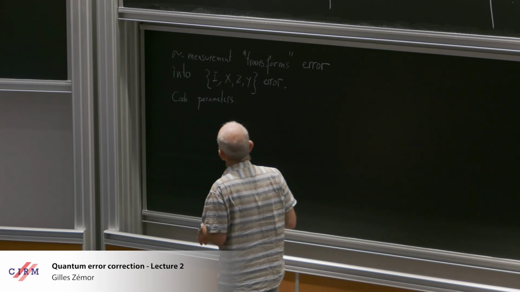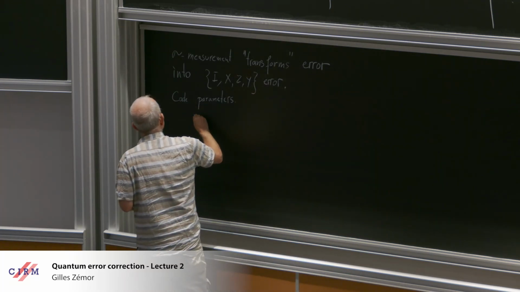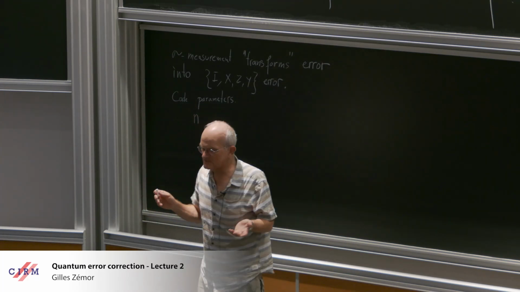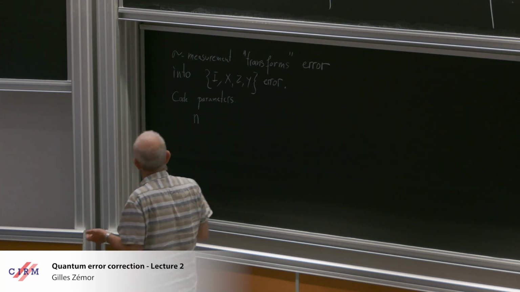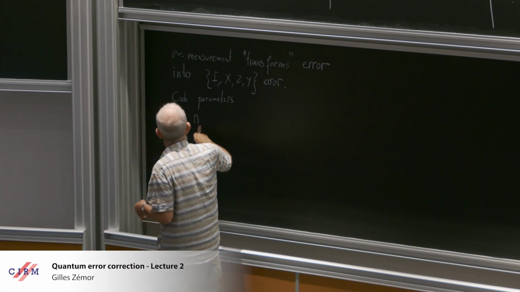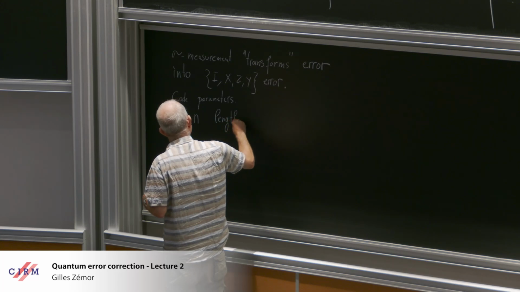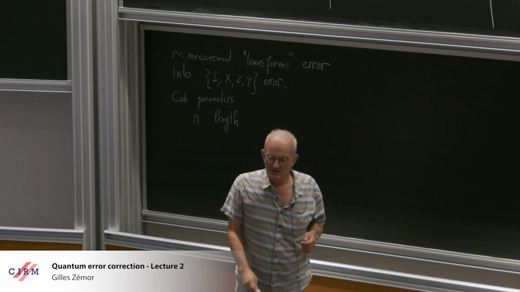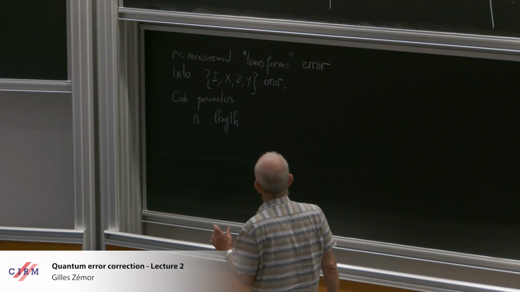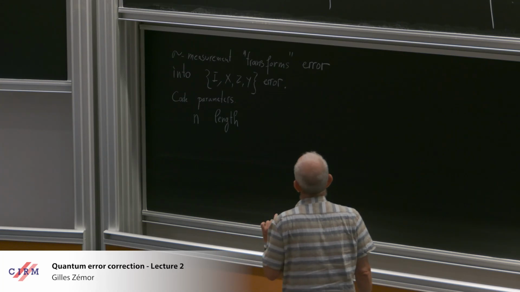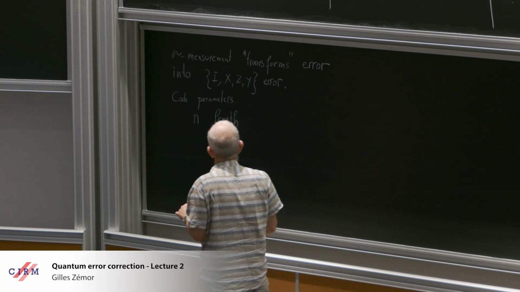Code parameters. So, like in the classical case, the number of physical qubits that we're dealing with is usually denoted by n. We call it the length of the code. Another parameter is the dimension. Here things change a little.